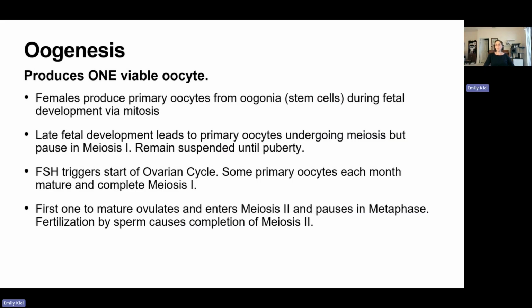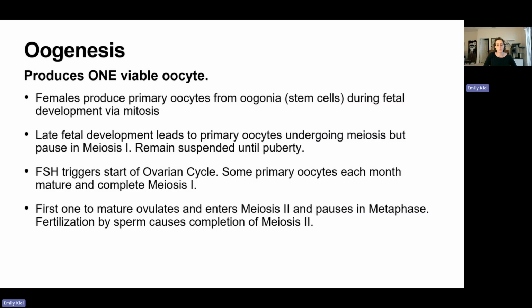So once they undergo fetal development, they're not making new primary oocytes. You're born with the eggs that you have. It doesn't continue. So in late fetal development, these primary oocytes undergo meiosis, but they're going to pause in meiosis 1, and they're going to remain suspended until puberty.